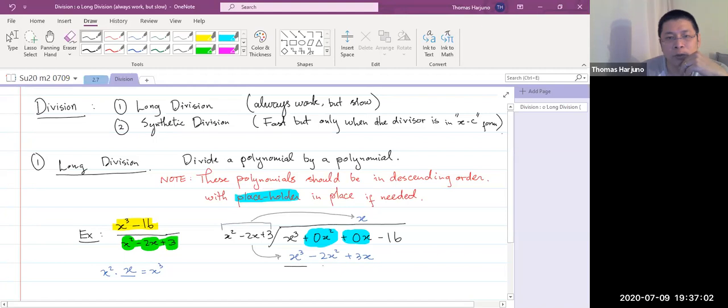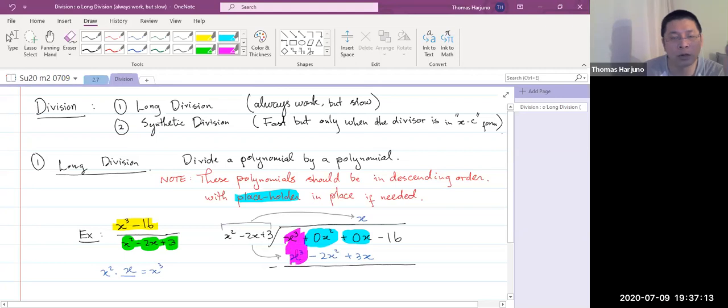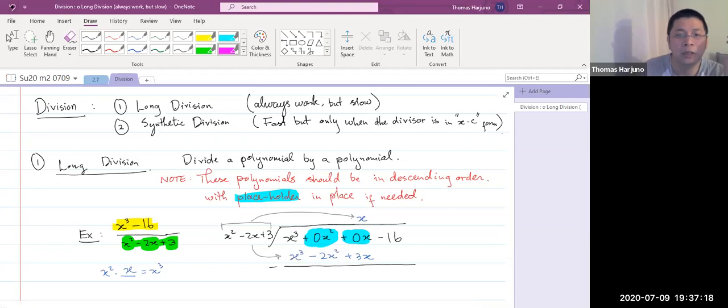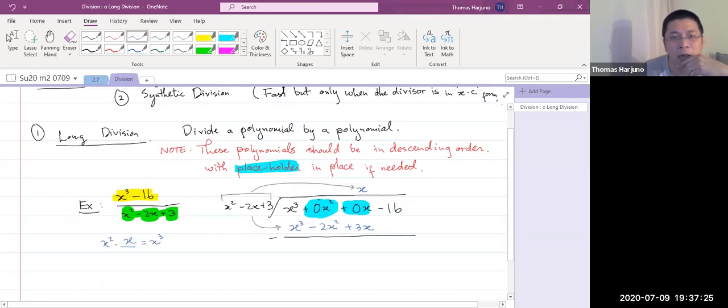Now then we subtract. When we subtract, of course, we want this part to cancel. That's why I multiply by x, so that the x cubed matches with the x cubed and they cancel. But be careful with this, because what we have there is actually 0 minus negative 2, so that's 2x squared.